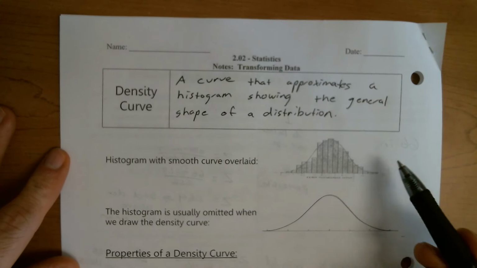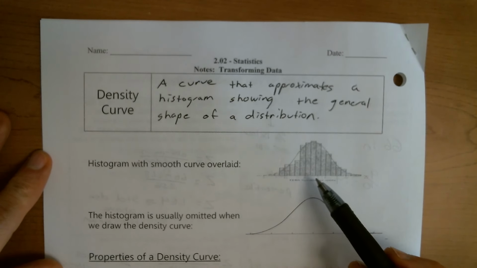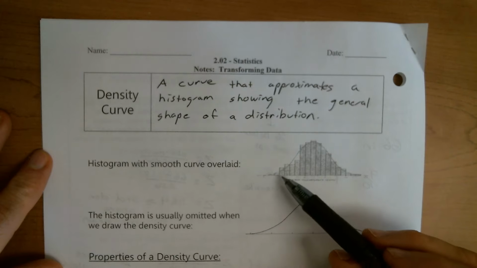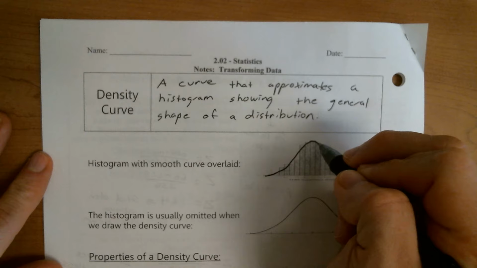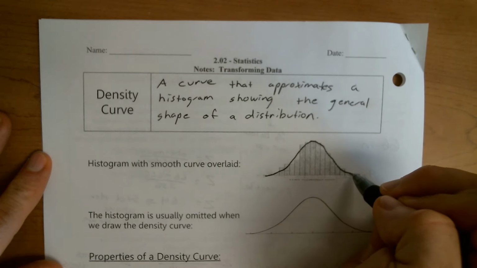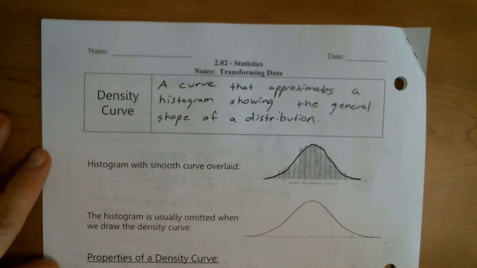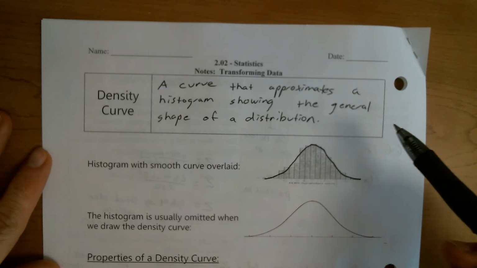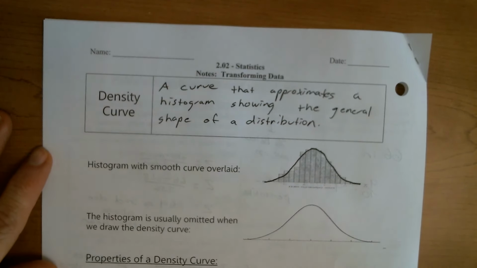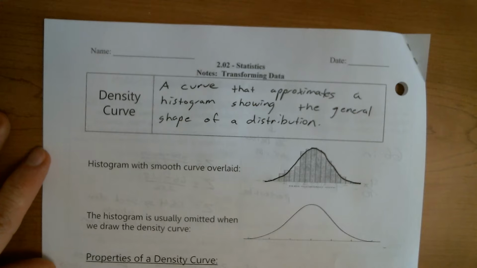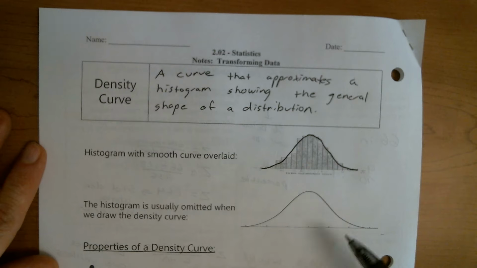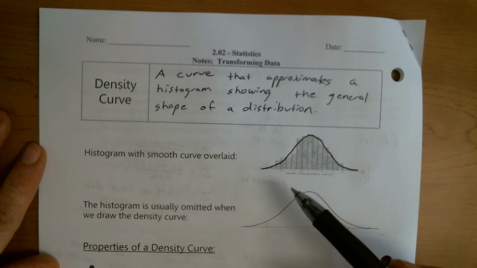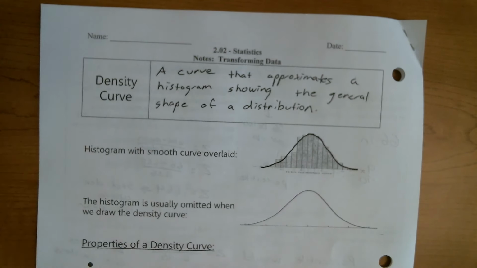All right, so for example, if this was our histogram, notice that the curve that we're drawing on top of it, and it's a little faded here, we're not trying to recreate every single little up and down in the bars. We're just approximating the general shape of the distribution. And that would be our density curve. And usually when we're drawing a density curve, we don't actually draw the bars underneath. We just say, here's the shape of our distribution, and we represent that with a density curve.